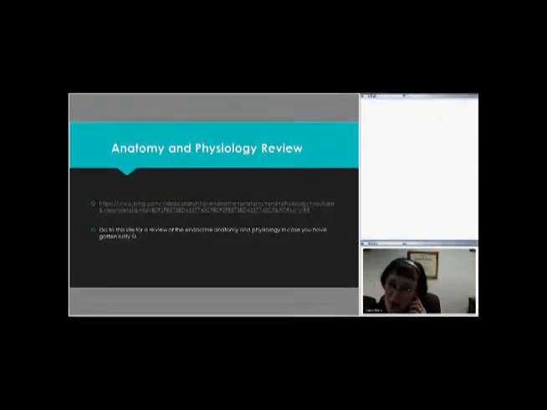And I've started trying to do that with each one of the sections, so you have a quick down and dirty review, because I think unless you know the physiology well, then it's really hard to make sense out of what's happening to your patients. You have to figure out what works right before you can know what goes awry.